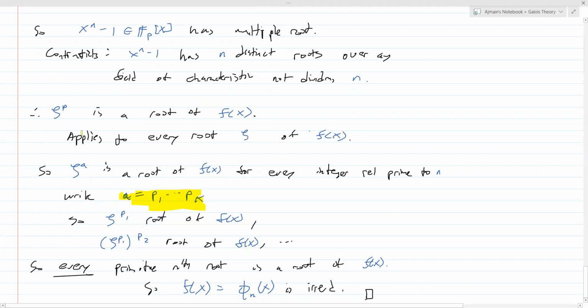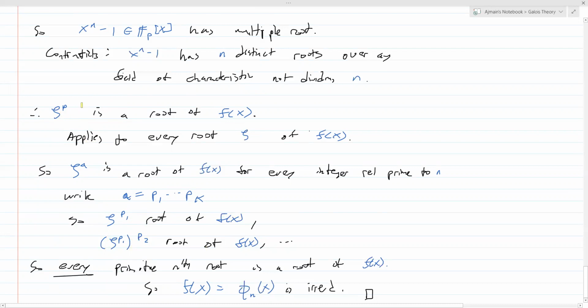Using the logic above, zeta to the p is a root of f. So starting with zeta as a root of f, we conclude that zeta to the p is a root of f. We know that zeta to the p1, this first prime factor, is a root of f. And then using this as a root of f, we know that this to the p2 is a root of f, right? Just by using that logic.